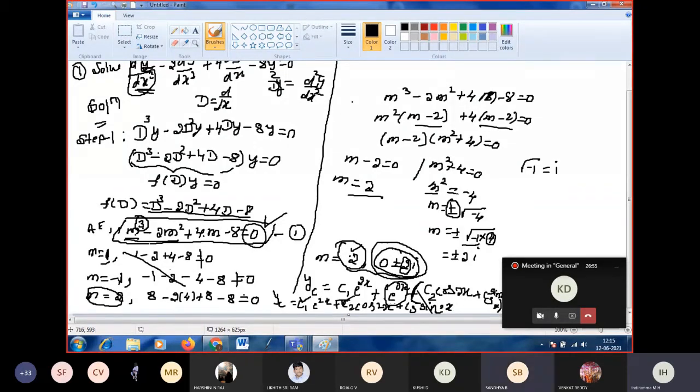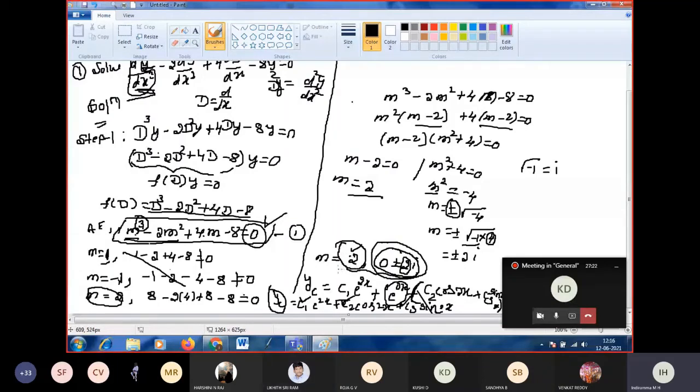C1, C2, C3 we got because the given differential equation is of order 3. Since it is a third order differential equation, we should have 3 constants in the solution. It is a general solution, called the complementary function for the homogeneous differential equation. Did you clear while writing yc?